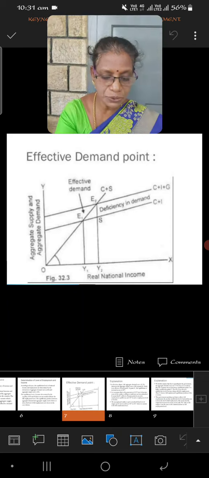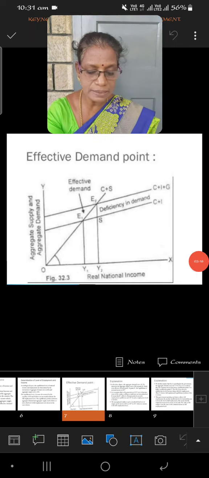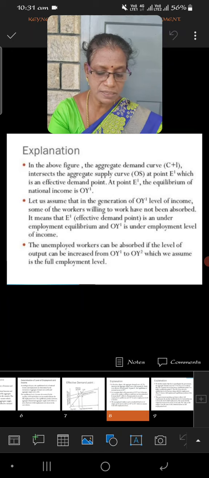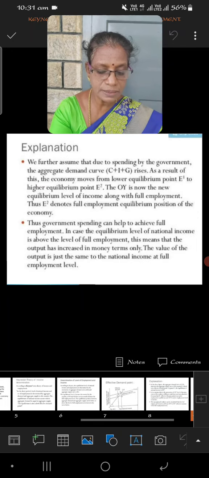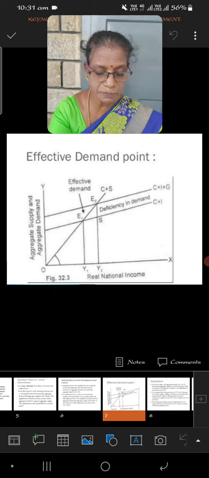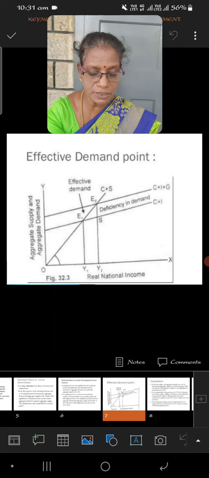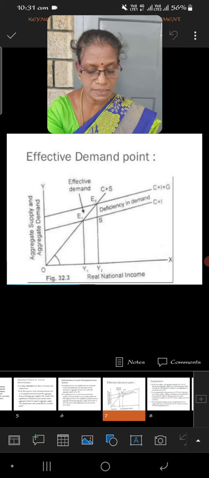Next, already I told you what is meant by less than full employment and full employment. So 25 laborers will be in excess in the economy, no? That excess number will be absorbed by the entrepreneurs or industrialists, in the sense the extra 25 employees are getting employment opportunities. Now the equilibrium point is extended from OY1 to OY2.